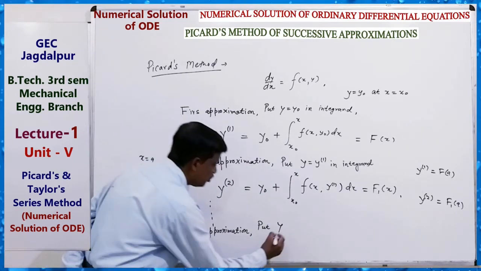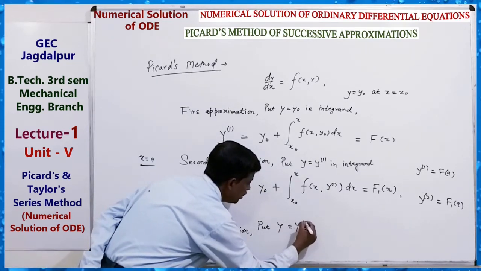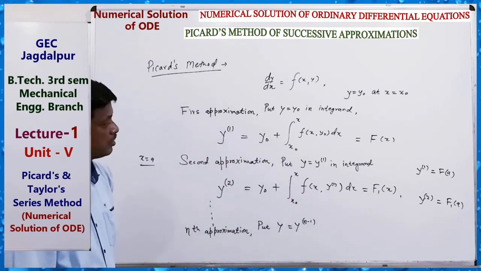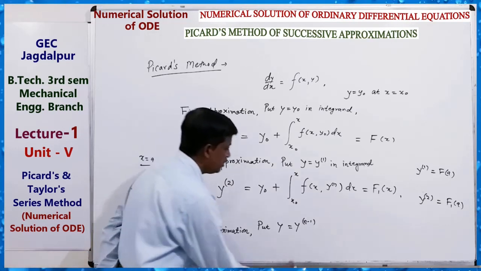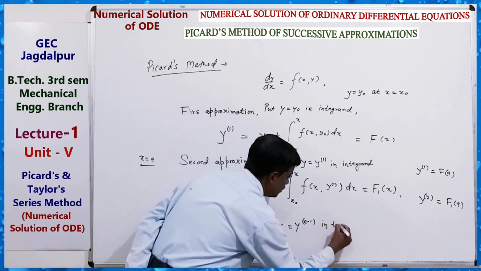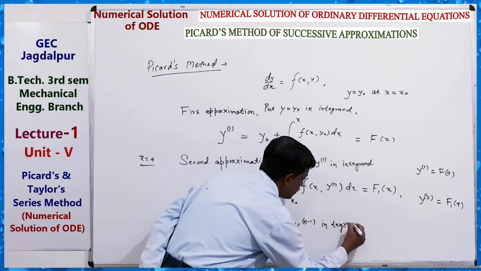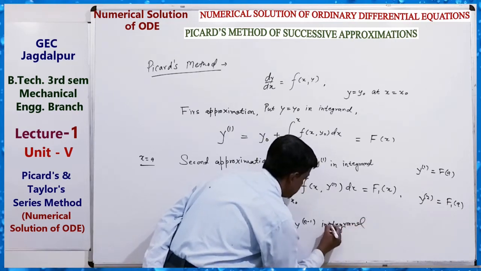So here put y equals y(n minus 1), the (n minus 1)th approximation, in the integrand.